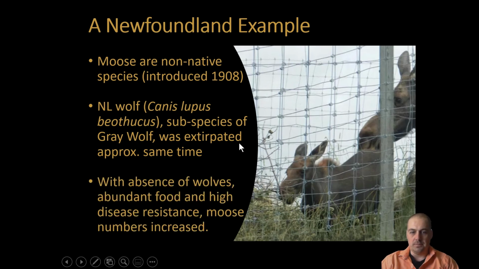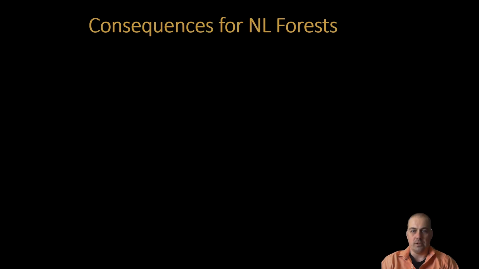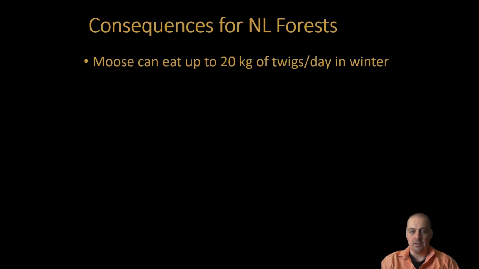So with the absence of wolves, you don't have a predator, you have abundant food, you have high disease resistance, so the numbers of moose increased quite dramatically since then.